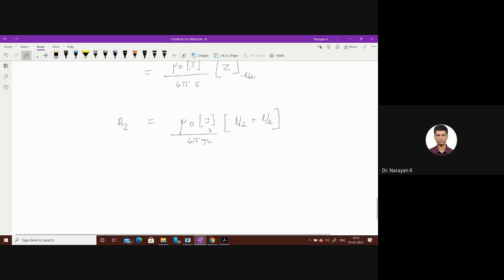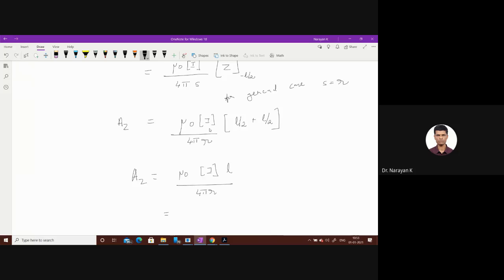So this will be a R, 4 pi R. Okay. For a general case, write down, S is equal to R. Okay. So this will be mu naught into retarded current I L divided by 4 pi R. This is your vector magnetic potential Az.